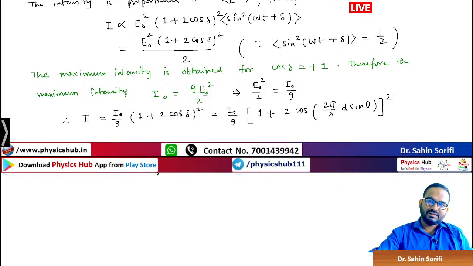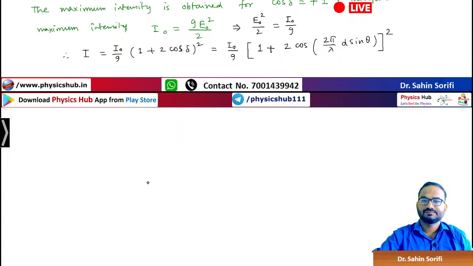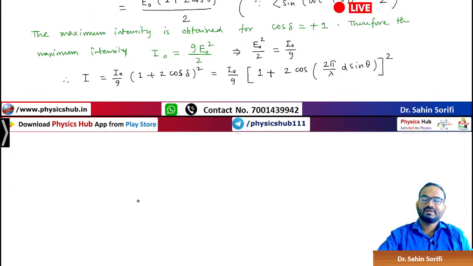Now if you plot this intensity profile, what kind of graph do you expect? We got the maxima at cos delta equal to plus 1.